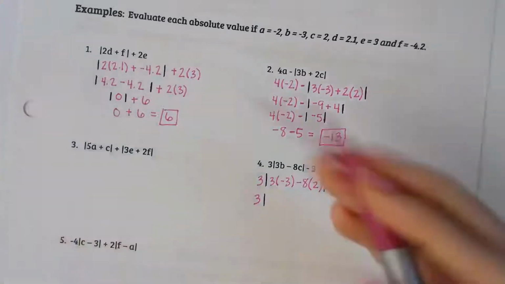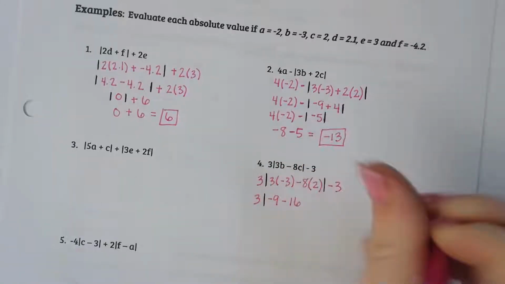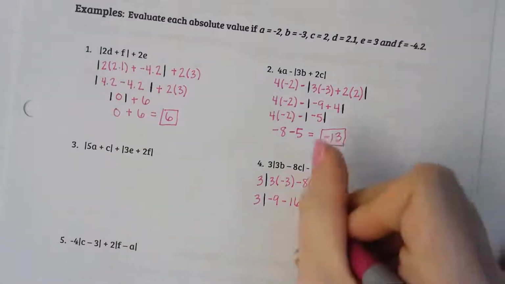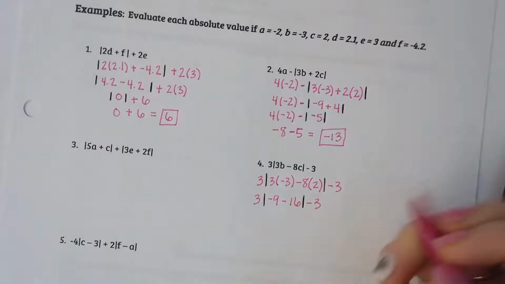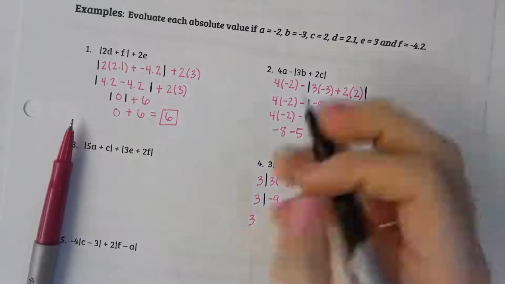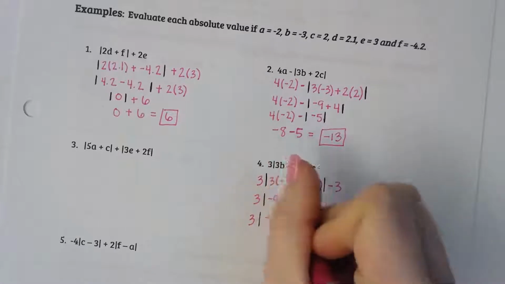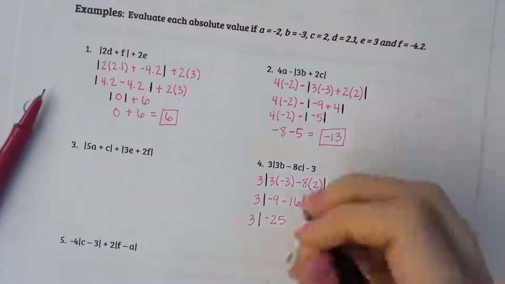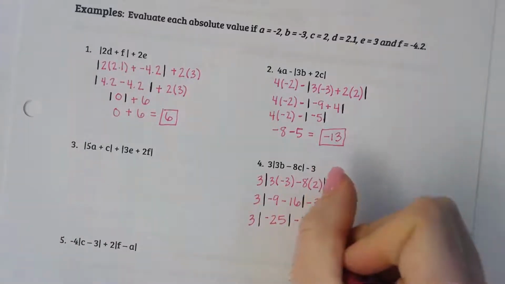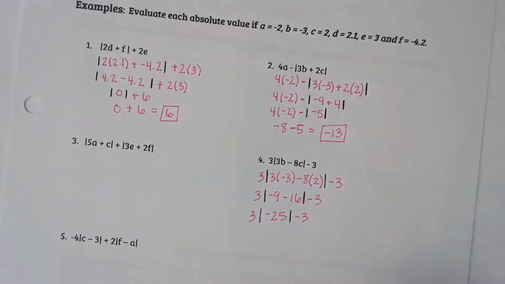So 3 times -3 is -9, minus 8 times 2 is 16. And then -9 minus 16 is a -25. Okay, so now everything is done inside the absolute value bars.